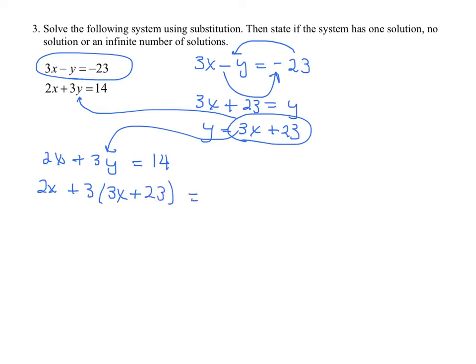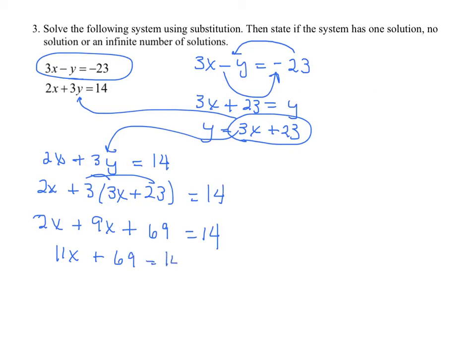A lot of algebra, but you can do this. So 2x plus 9x plus 69 is equal to 14. Then 11x plus 69 is equal to 14. Take away 69.